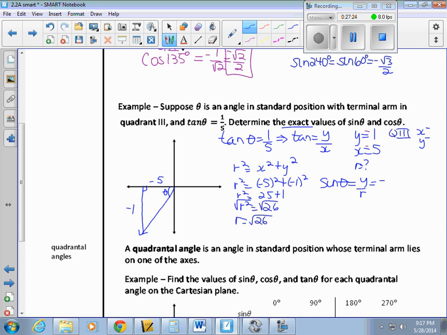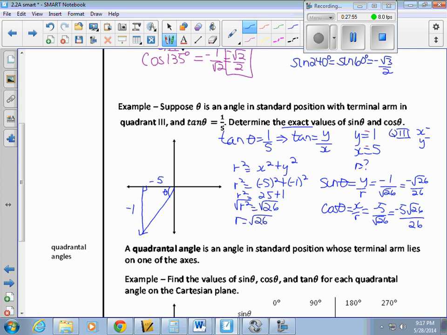So y is negative 1, r was square root 26, so if I rationalize this, this would be negative square root 26 over 26. Cos of theta then, that's CAH, so that's x over r, so that's negative 5 over square root of 26. If I rationalize that, that's going to be negative 5 square root 26 over 26.